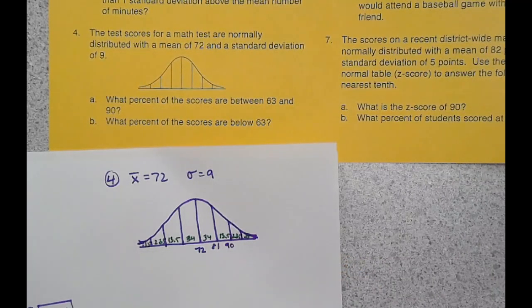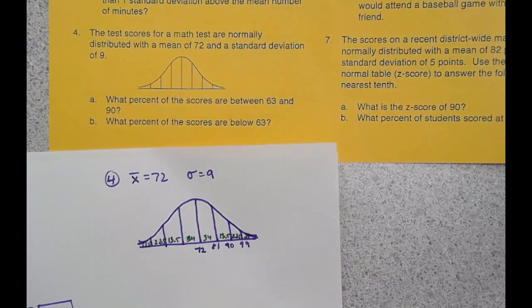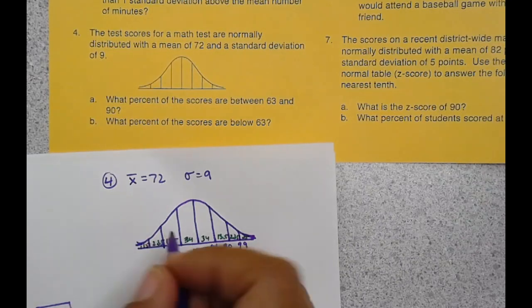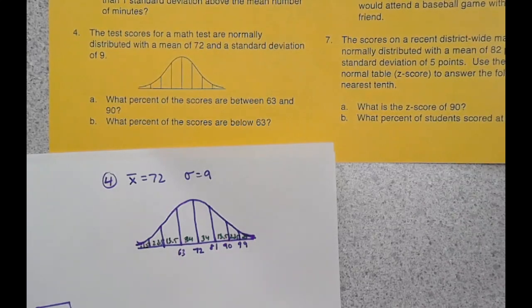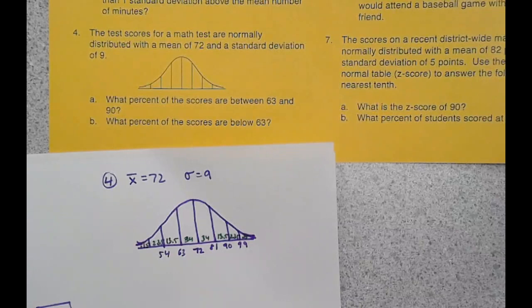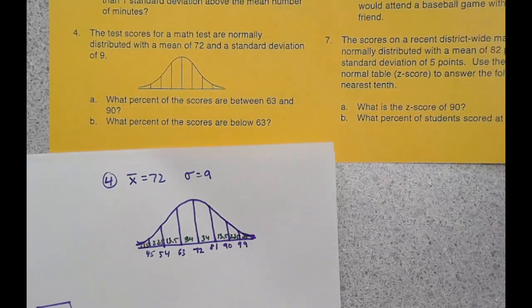That's a 90. There's a 99. And then going down from there, we have 72 minus the 9, 63. And then 54. And then 45.